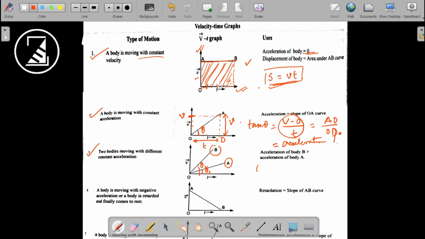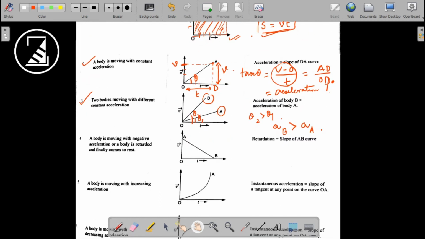We can see from the graph theta 2 is greater than theta 1, and we know slope of VT curve gives the acceleration of the body. So here acceleration of body B is greater than acceleration of body A.